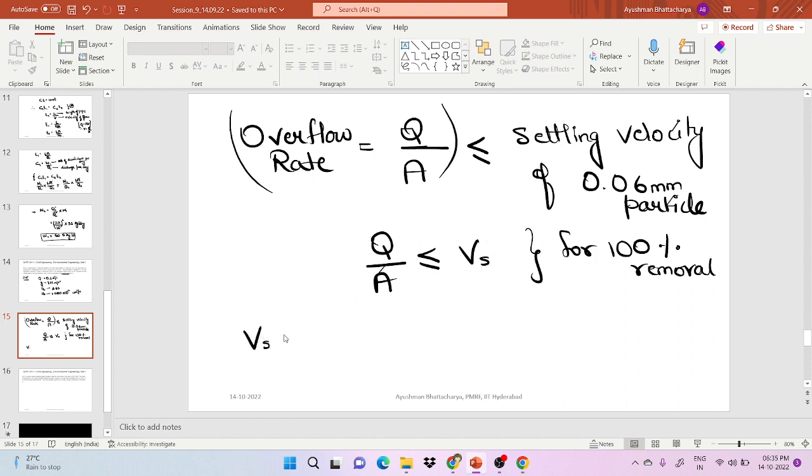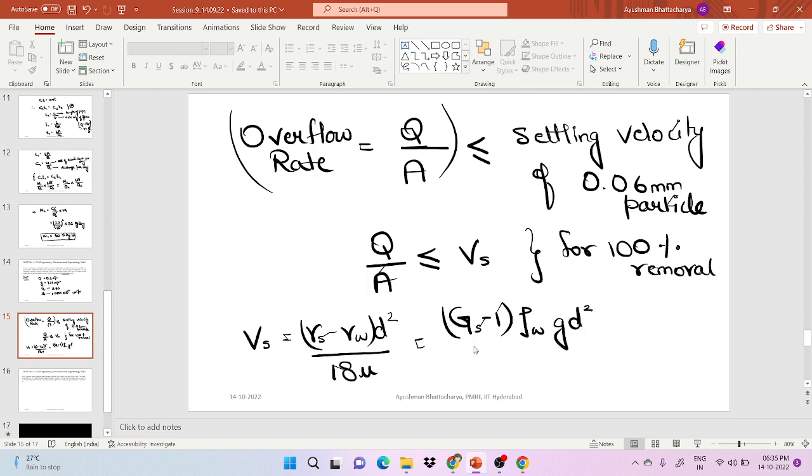The formula for settling velocity is Vs is equal to gamma s minus gamma w, d square by 18 mu. You can also write it as Gs minus 1, rho w g d square by 18 mu.